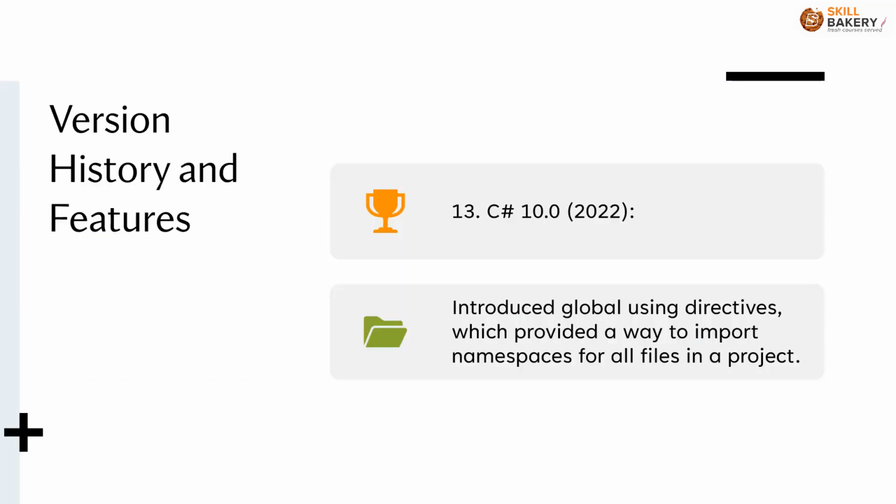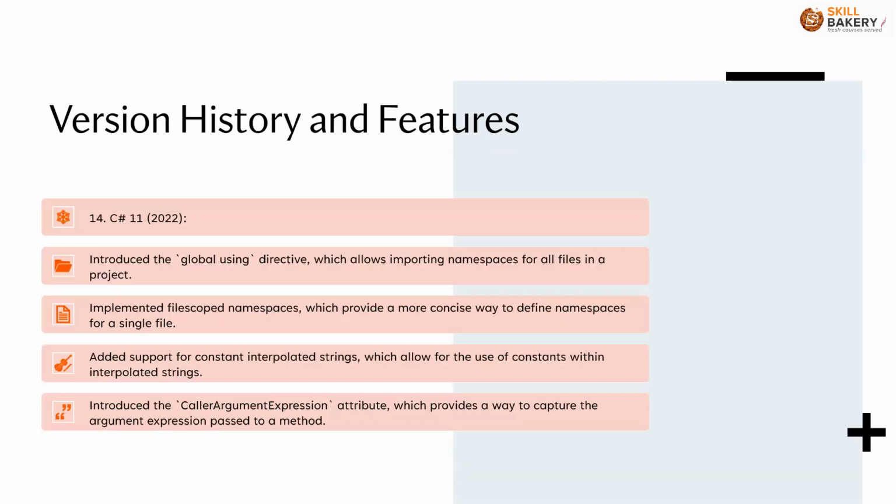Then in C# 10.0, we had global using directives, which provided a way to import namespaces for all files in a project. In C# 11, we had this global using directive, which allows importing namespaces for all files in a project. Implemented file scoped namespaces, which provided a more concise way to define namespaces for a single file.